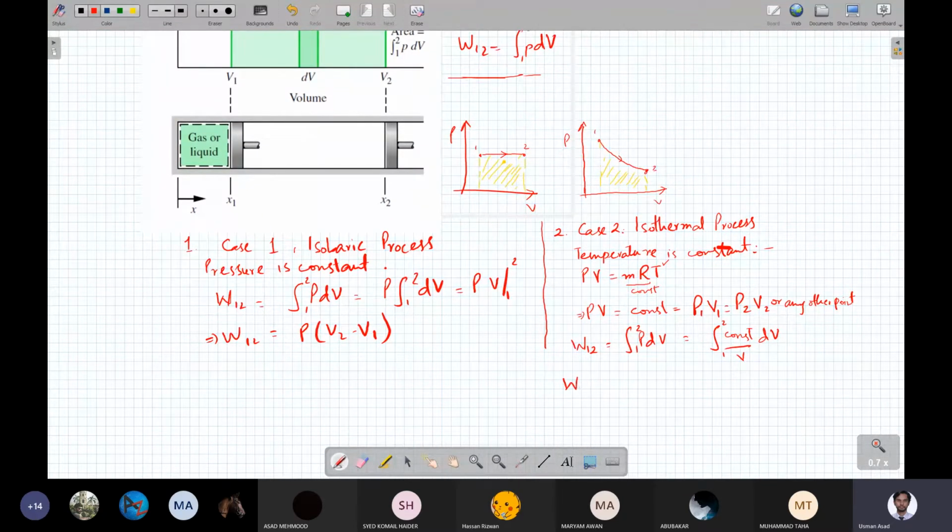So that means that the work done is, the constant can come outside, the integral of 1 over V dV from 1 to 2, and that constant can be written, for example, as P1 V1, right? P2 V2 could also have been written, no problem, but I'm just going to write it as P1 V1 for now. Okay, and last time we talked about this, what is the integral of 1 over x dx? Natural log of x.